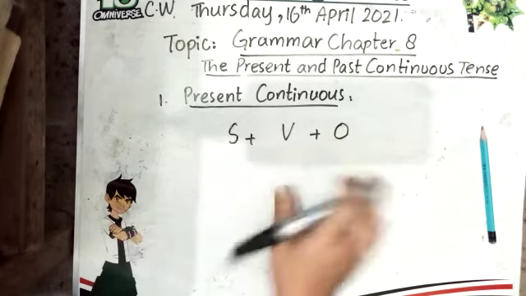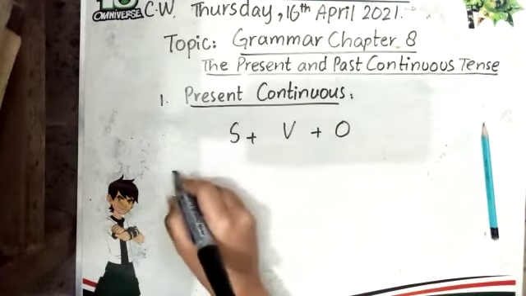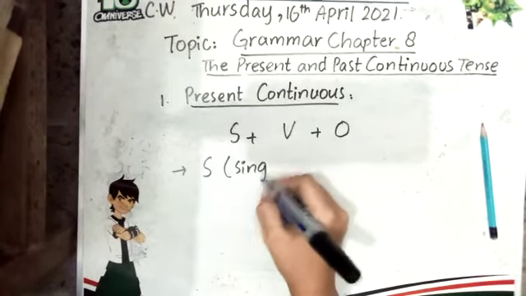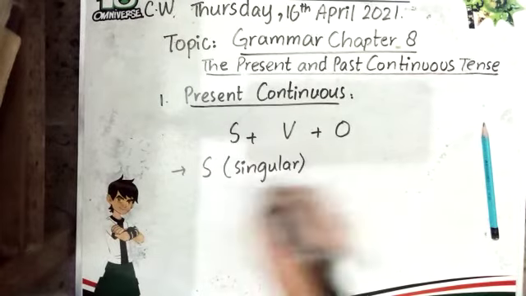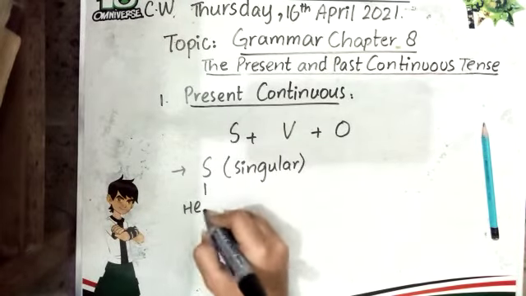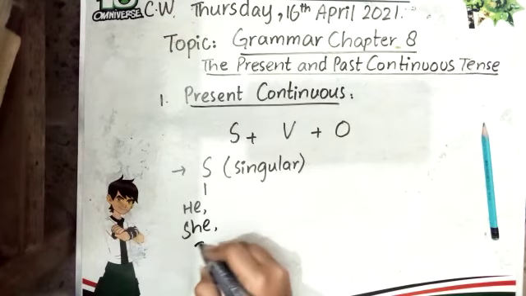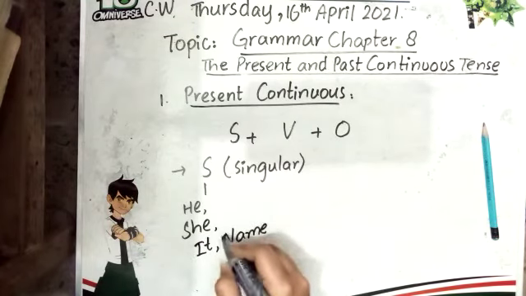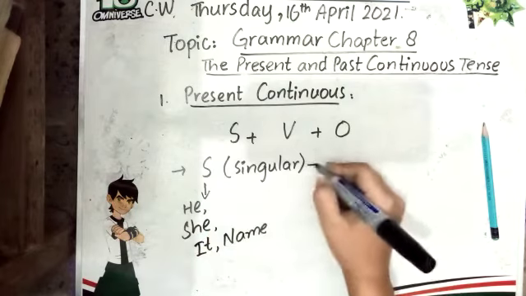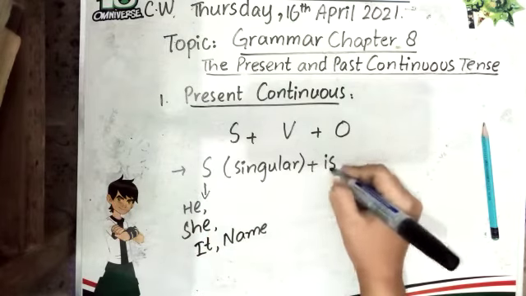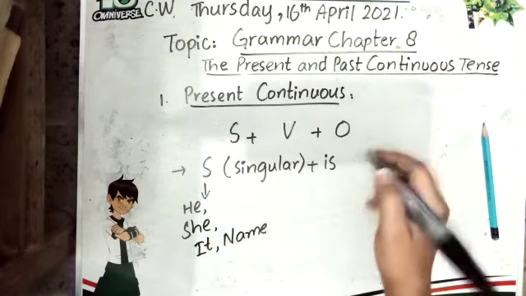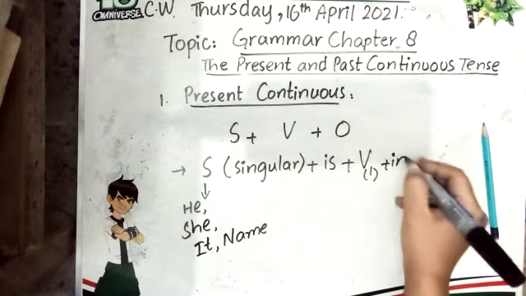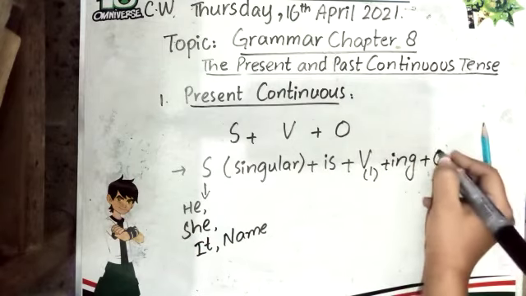So there are two types of subjects. If the subject is singular, like he, she, it, or any name, then we have to use is as a helping verb for the present continuous tense, along with the verb first form and ing at its end, and your object.